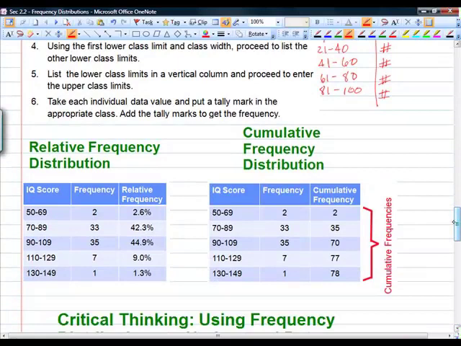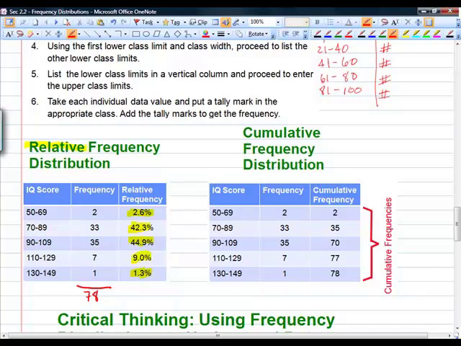There's a special type of frequency distribution called a relative frequency distribution, where we take our frequency, divide it by the total count, and change that number to a percent. So the total count here for this particular problem would be what? 35 and 35 is 77, 78, it looks like.